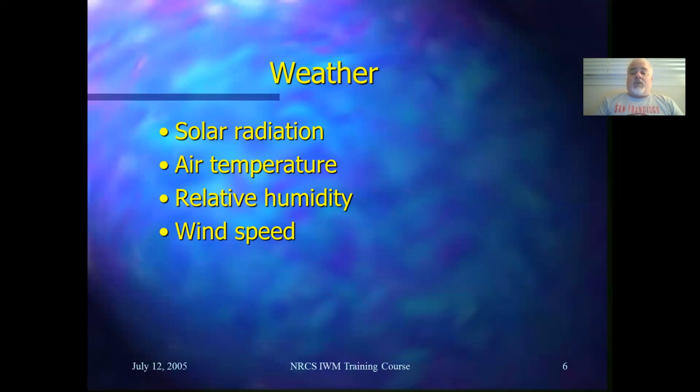Air temperature, also super easy to measure. Relative humidity, there's a number of different ways to measure humidity, but they are just a measure of what percentage of the potential water that the air can hold is actually in the air at a given moment, the percentage of the capacity. The warmer the air is, the more water vapor it can hold.